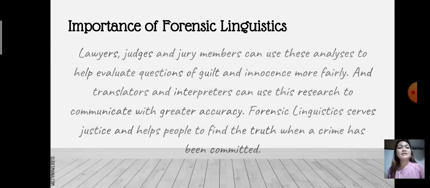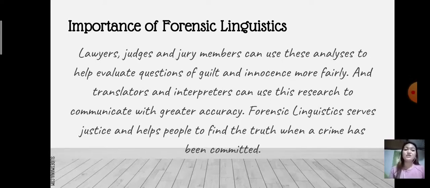The importance of forensic linguistics. Lawyers, judges, and jury members can use these analyses to help evaluate questions of guilt and innocence more fairly. And translators and interpreters can also use this research to communicate with greater accuracy. Forensic linguistics also, as lawyers and judges do, serves justice and helps people to know whether that person is really guilty or not guilty.